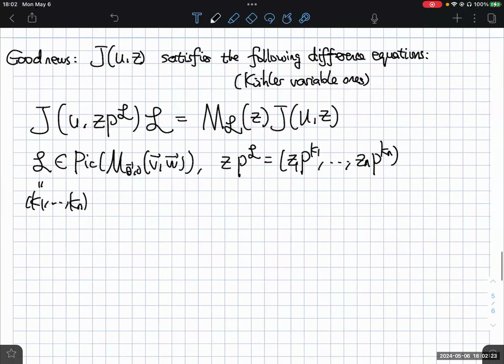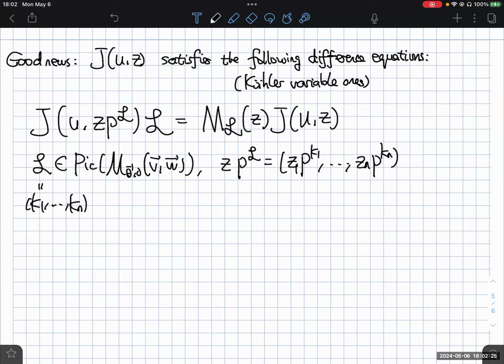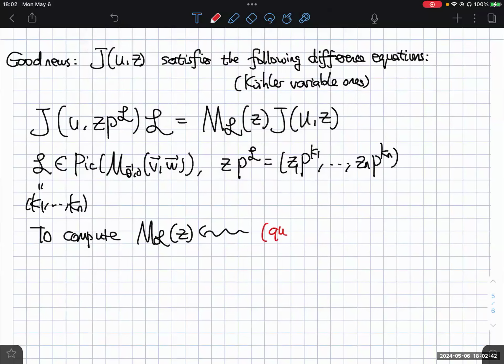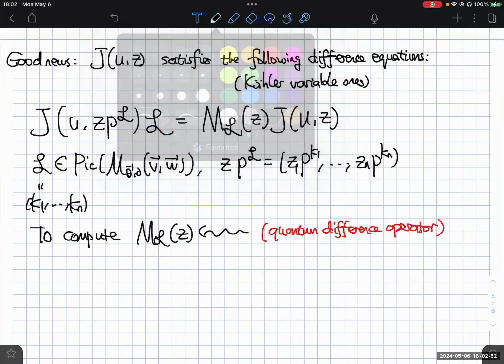If you want to know how to solve this difference equation, the first thing is how to compute this ML of Z, which I shall call the quantum difference operator. So the main question is how to compute this quantum difference operator.